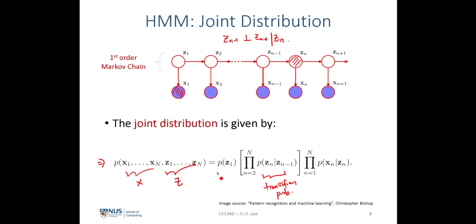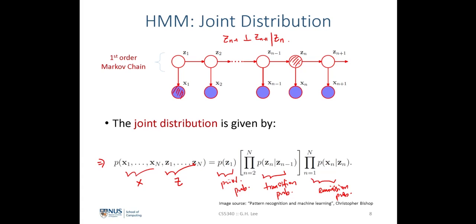And we call this term the prior probability distribution, because Z1 has no parent in the graphical model. The third term we are going to look at is what we call the emission probability distribution, otherwise the observation or likelihood probability distribution.